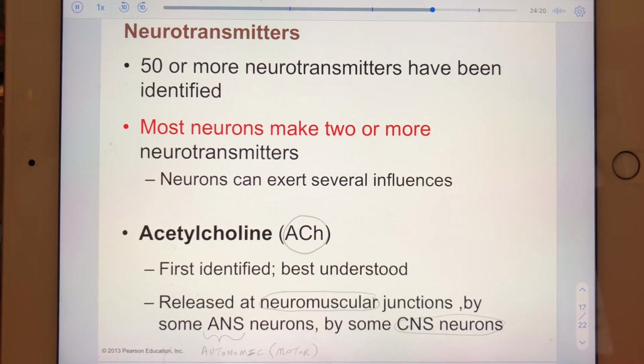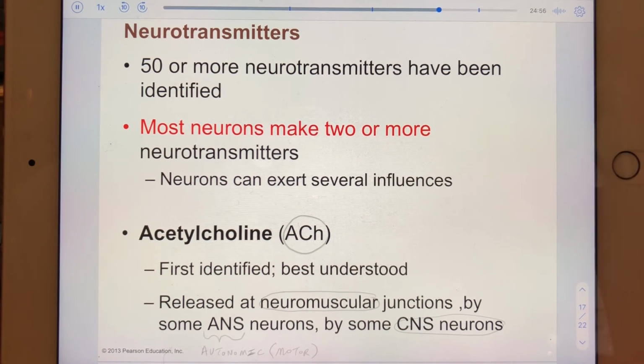Okay, so that means that not only can we turn on or turn off via excitatory or inhibitory graded potentials, but there's even more variety allowed because a neuron may be able to produce this or that. A neuron may even be able to produce this and that. Okay? And that means a single neuron has a lot of influence.